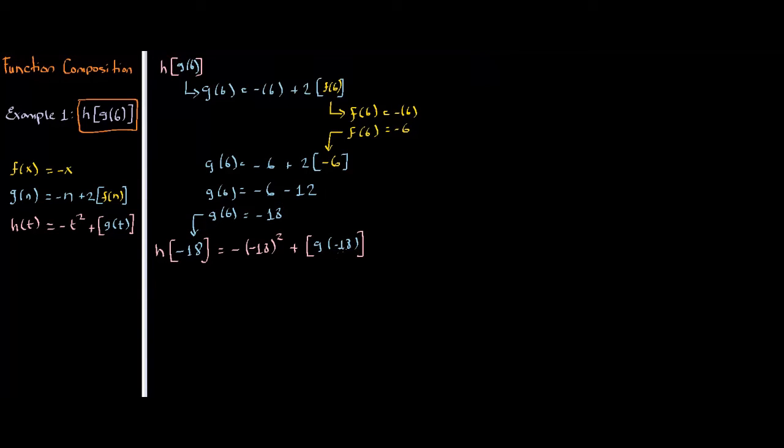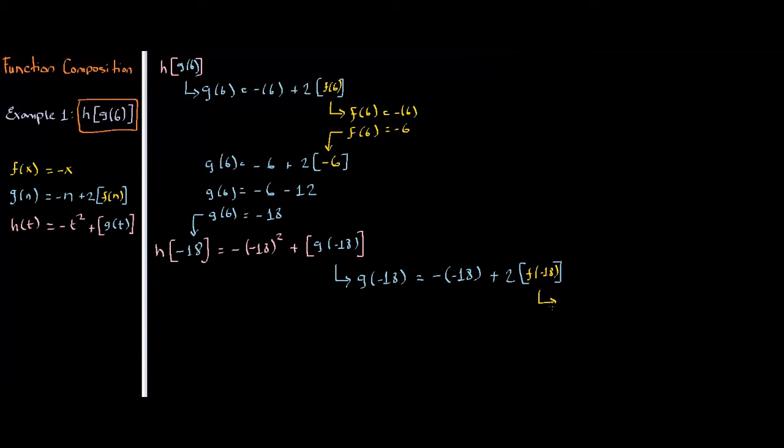So I'm going to ask here again, what is g of negative 18? I'm going to solve that out in here. g of negative 18 is equal to negative 18 plus 2 times, and here we have to do another substitution, f of negative 18, and we have to ask what is f of negative 18.